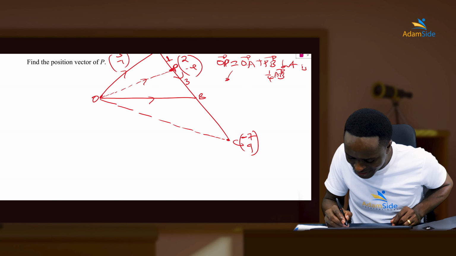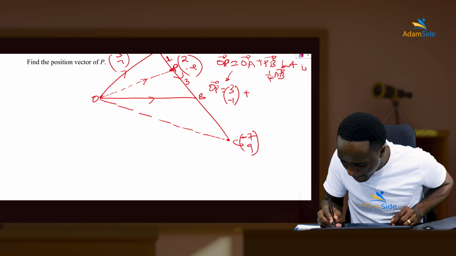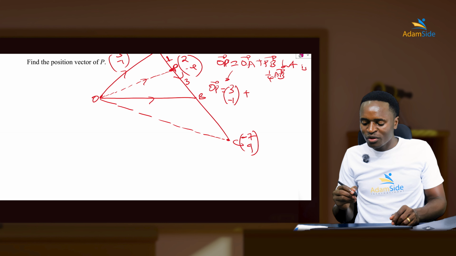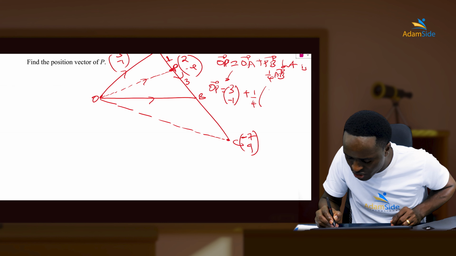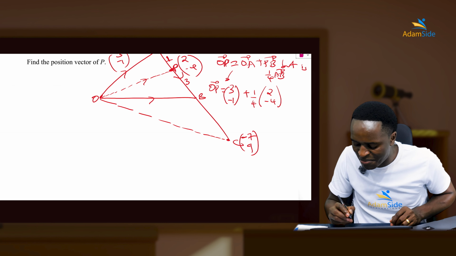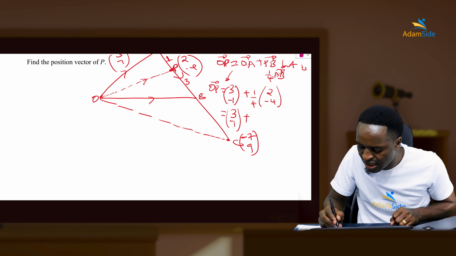Follow the steps. We say vector OP is equal to vector OA, which is (3, -1), plus vector PB. Vector PB is a quarter of vector AB, which is (2, -4). Then 2 times a quarter is 0.5, and a quarter of -4 is -1.